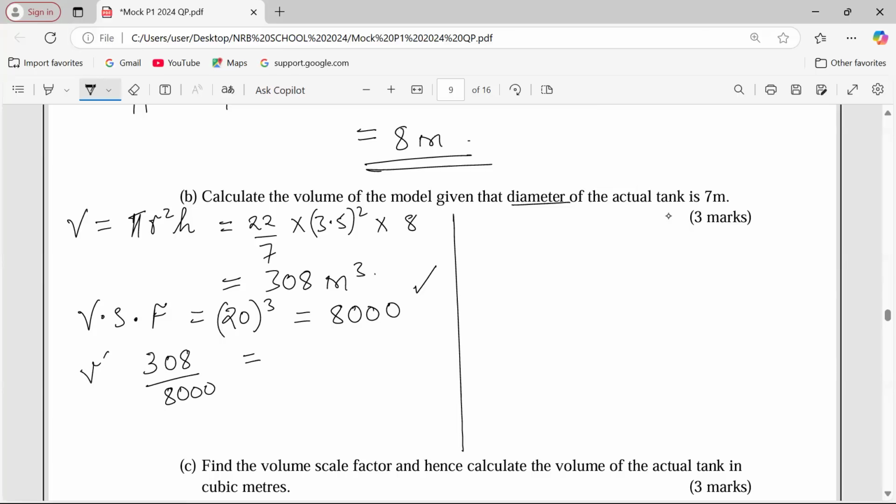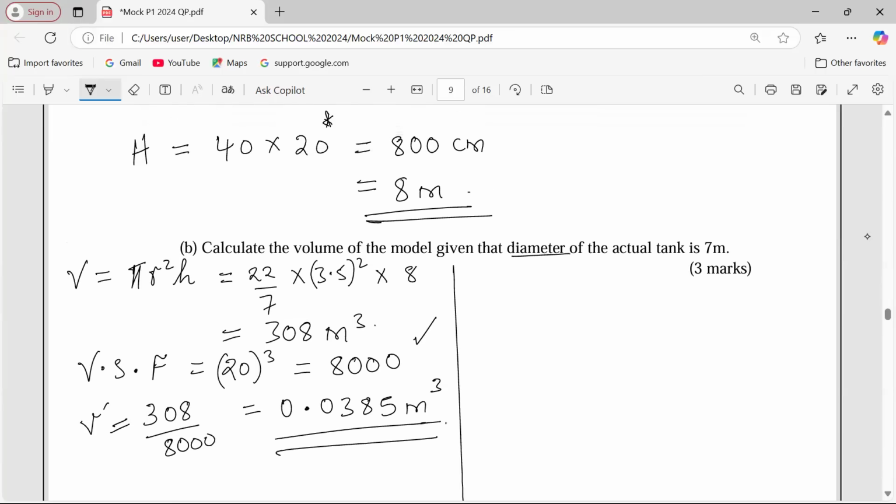So the volume of the smaller shall be 308 out of 8,000, giving us 0.0385 meters cubed. So this is the volume of the smaller tank. We've gotten the volume of the actual, then using the volume scale factor, we are able to get the volume of the smaller.